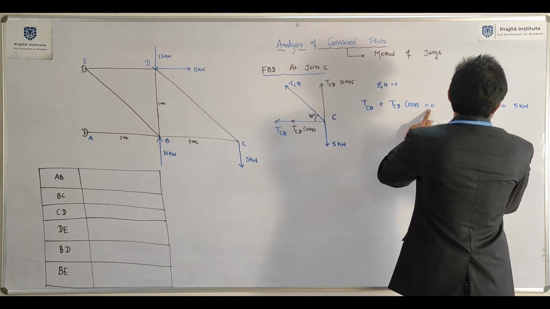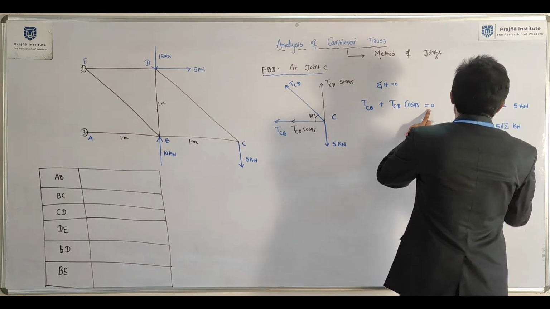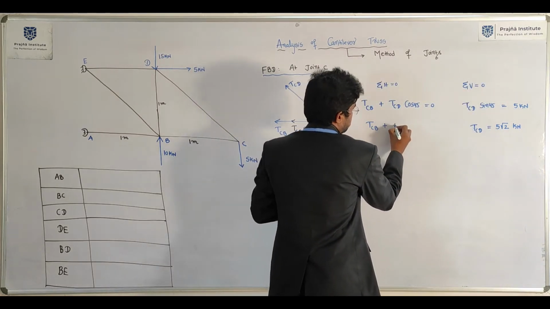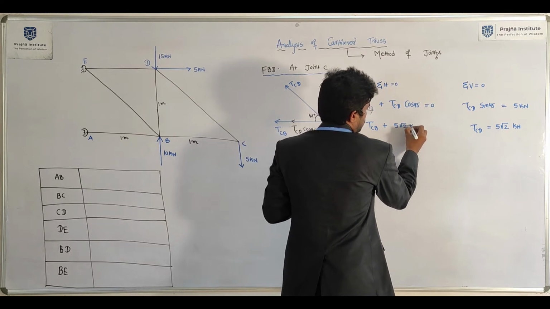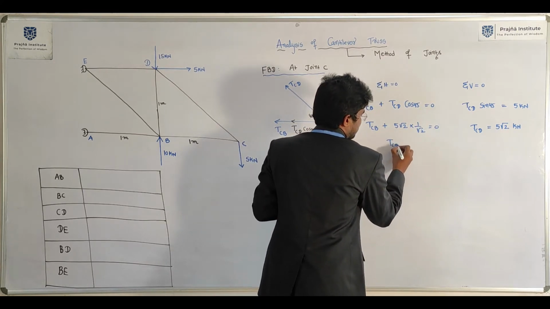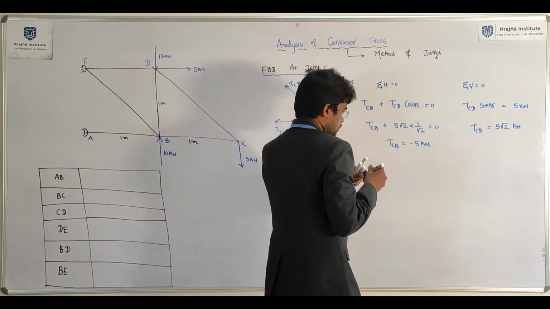Then TCD is equal to 5 root 2 kilonewton. TCB plus 5 root 2 into 1 by root 2 equals to 0. TCB equal to minus 5 kilonewton.